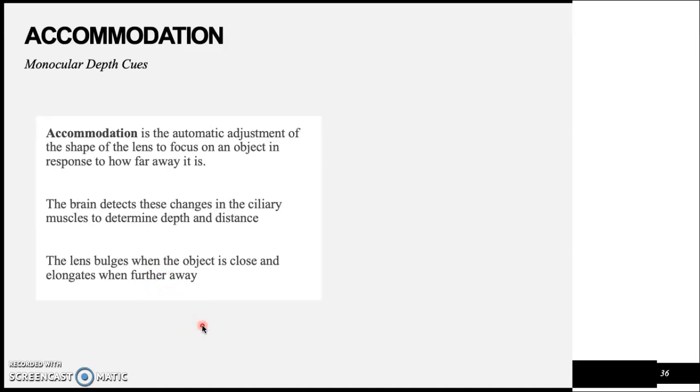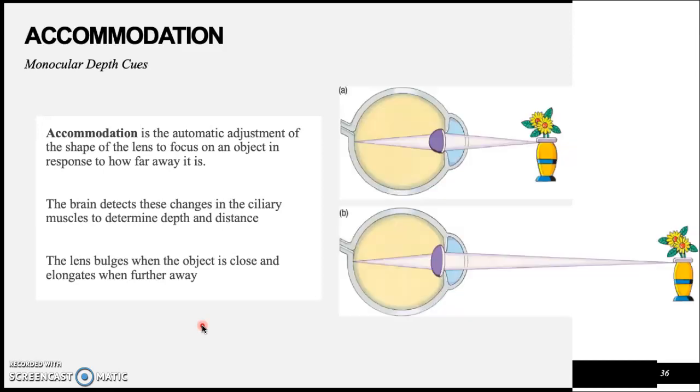And when it elongates and gets quite wide, then something is further away. So here you can see the lens is bulged because it's quite wide along here. And so that vase is quite close. And it's elongated as it's taking in this information of the vase from further away.